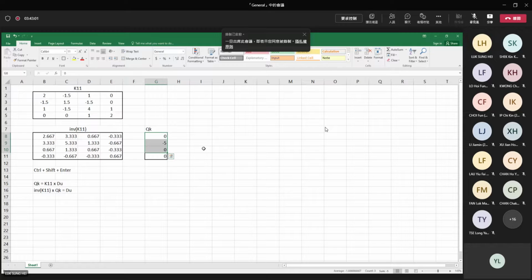QK, the unknown is du. du equal to inverse matrix K1 times QK.